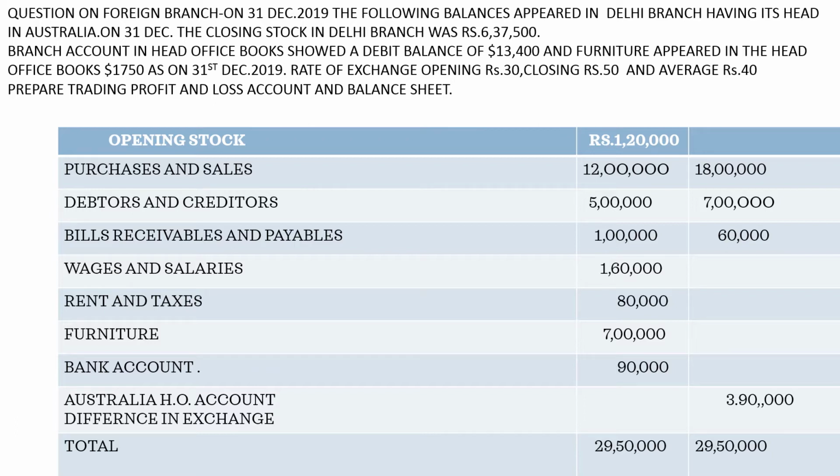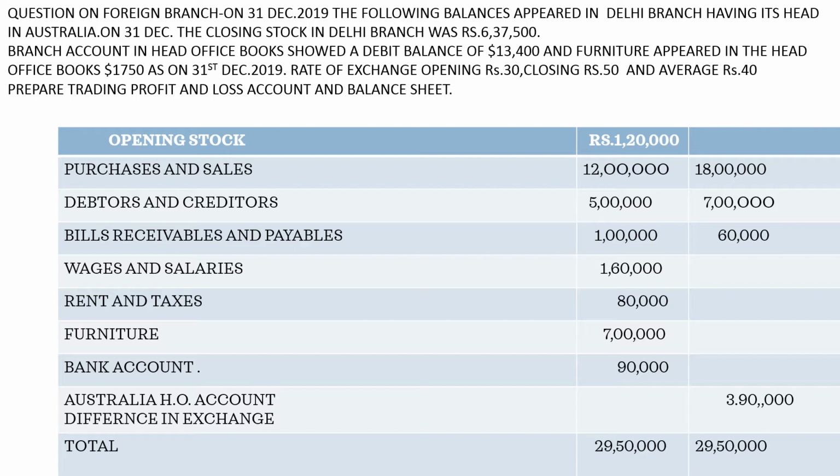Now you are given the trial balance. Delhi branch will send its trial balance in rupees. The opening stock is rupees 1,20,000. Purchases rupees 12 lakh and sales rupees 18 lakh. Debtors and creditors: opening rupees 5 lakh and closing rupees 7 lakh.